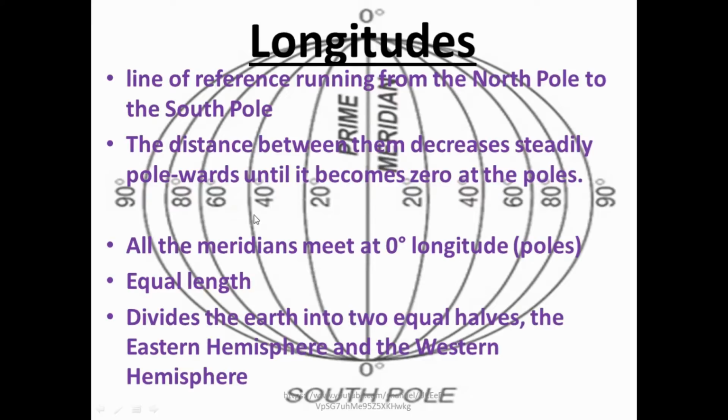Longitudes are of equal length, but latitudes, parallels are not of equal length, decreasing from the equator towards the poles. Longitudes divide the earth into two equal halves, the eastern hemisphere and western hemisphere, but latitudes divide the earth into the northern hemisphere and southern hemisphere. So this is the comparison.